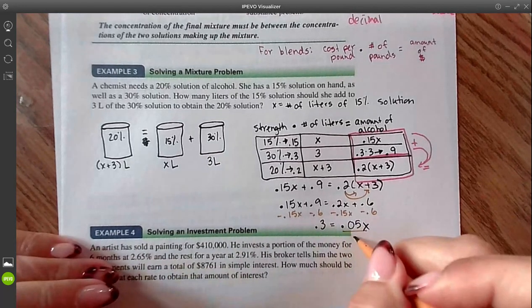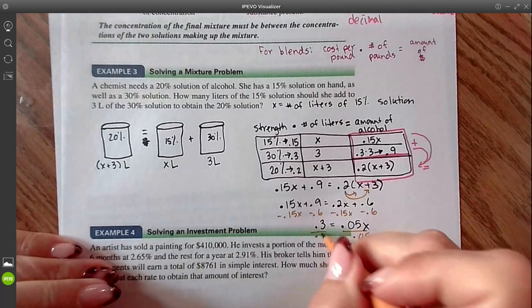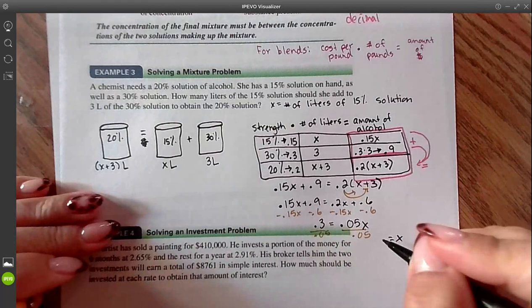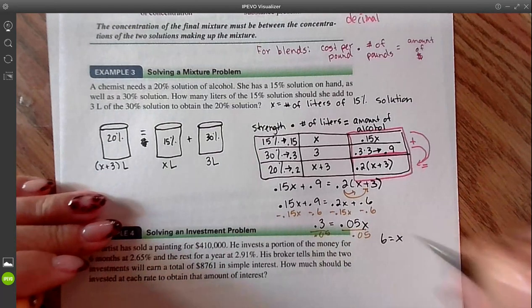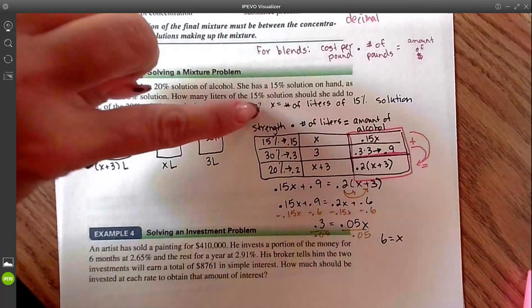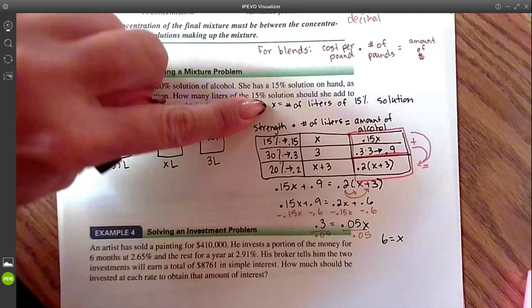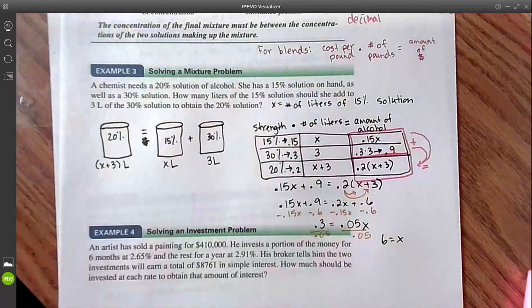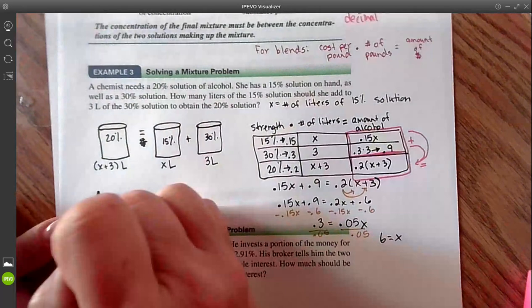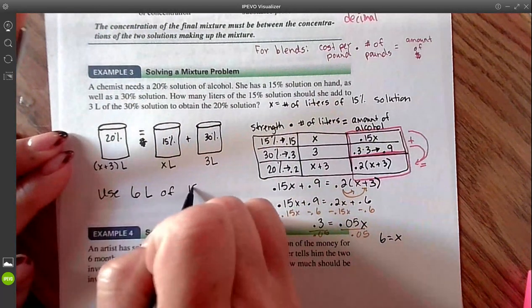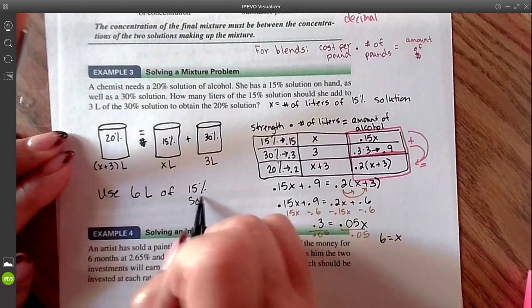Divide both sides by 0.05, and I get x equals 6. And that x represents the number of liters of 15% solution, which is the question that's asked. So we need to use 6 liters of 15% solution.